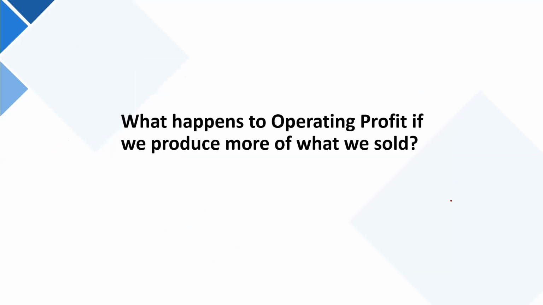So what happens to the operating profit if we produce more than what we sold? What does it mean if we have production bigger than sales? What happens if I produce 100 and I only sell 50? What happens to the other 50? They are stored, right? They are stored in something that is called inventory.